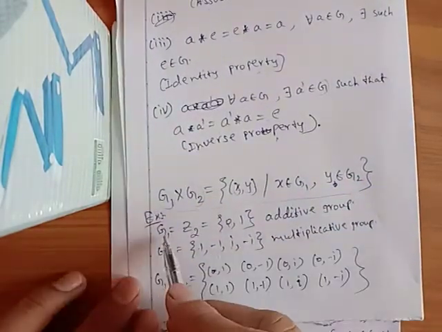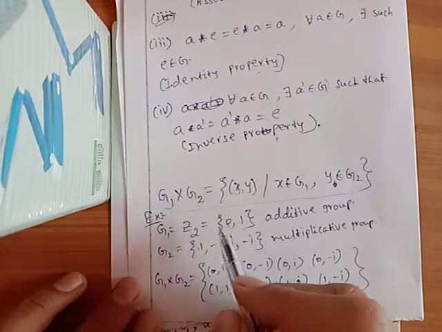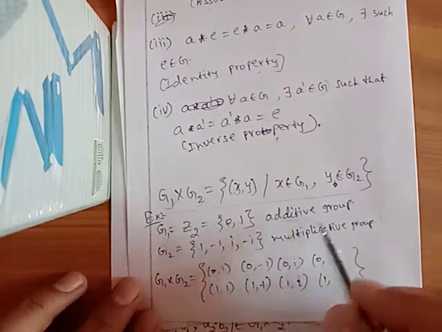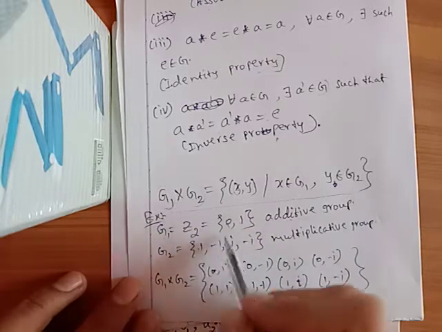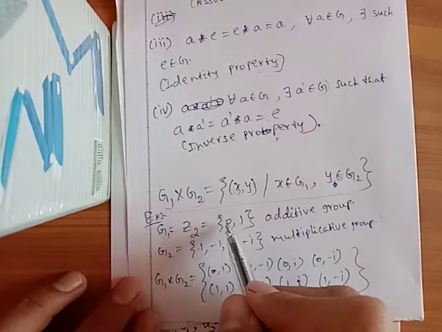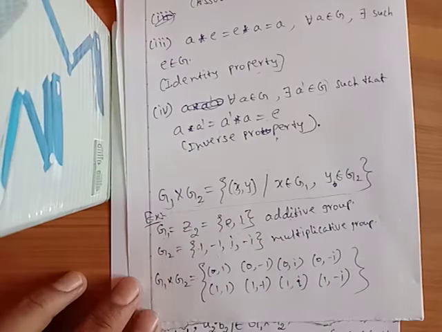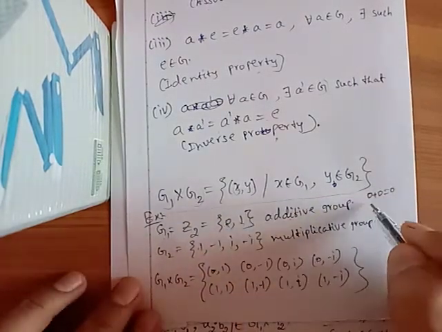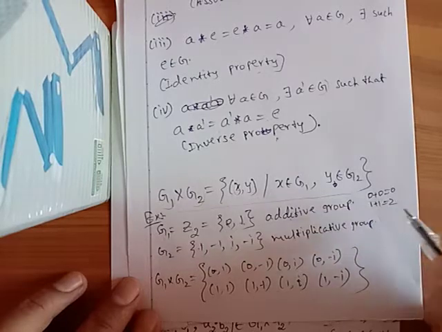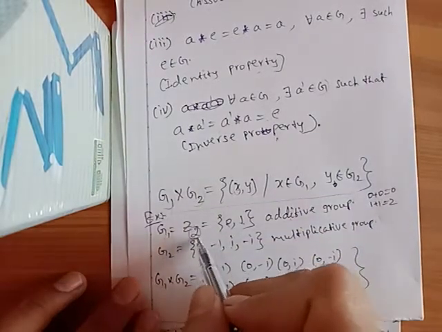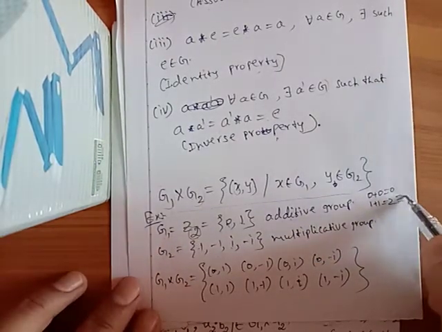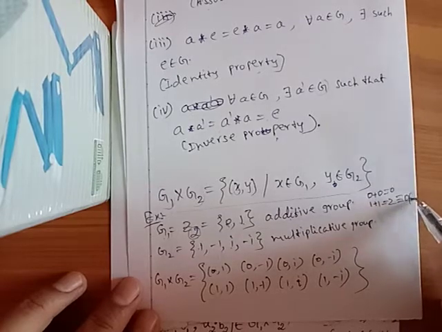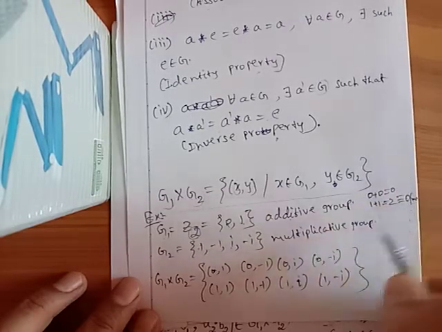Consider an example. G1 is equal to Z2. This is an additive group, a group under addition. Here only 0 and 1 are elements. If we add 0 to 0, we get 0. If we add 1 plus 1, we get 2, but when we divide it by 2, the remainder is 0, so it is 0 under modulo 2.